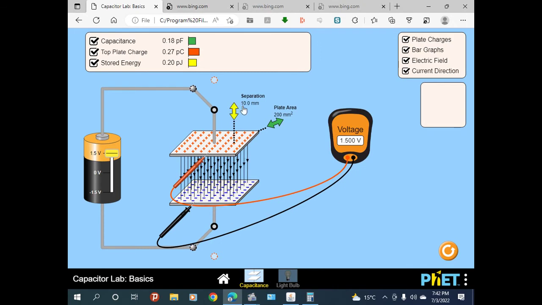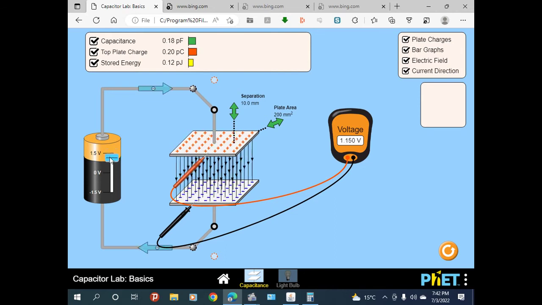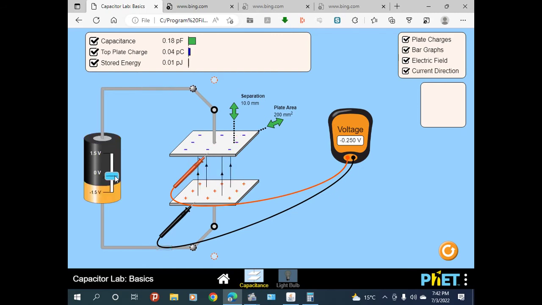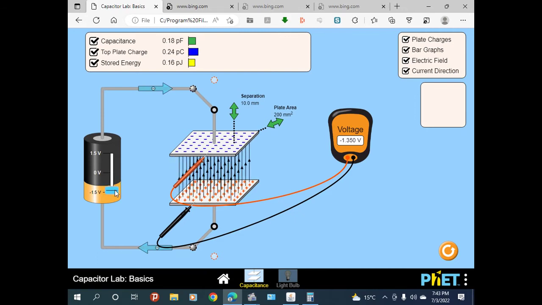So when increasing or decreasing the voltage, the charge stored in the capacitor decreases. When increasing the potential difference, the supply voltage, the capacitance of a capacitor is changing with the plate.